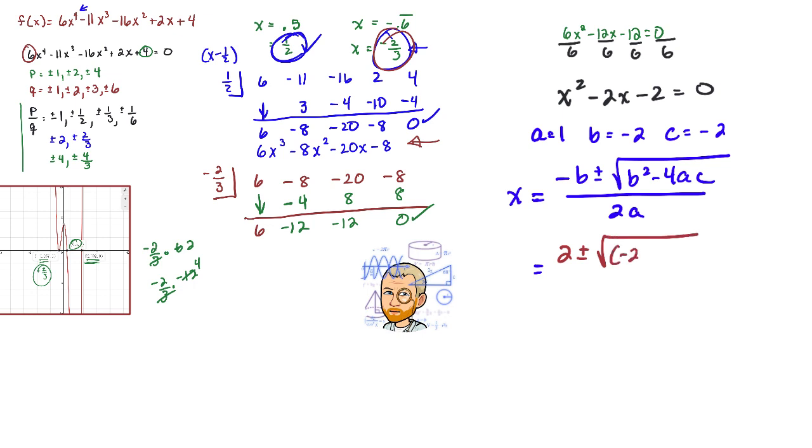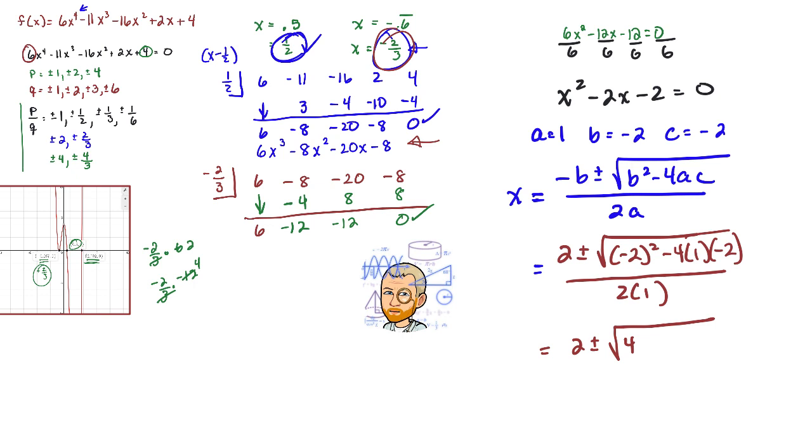Then it's going to be -2, and we have to square it. All over 2 times a. So it's 4 plus 4 times 2. Now, note again, and we've talked about this, double negatives, that's going to be a positive. And it's just 4 times 2, so it's +8.